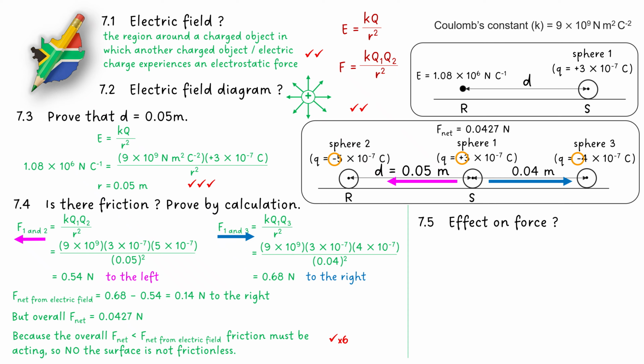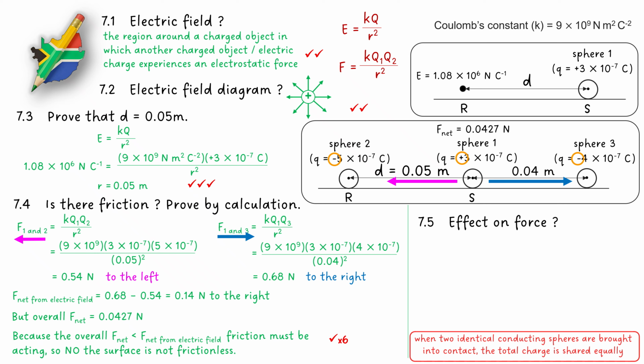Lastly, we are told that sphere 2 is allowed to touch sphere 1 and then is moved back to position R. And we need to say what happens to the magnitude of the forces exerted on sphere 2 by the first sphere. When spheres 1 and 2 touch, charge is transferred between them.